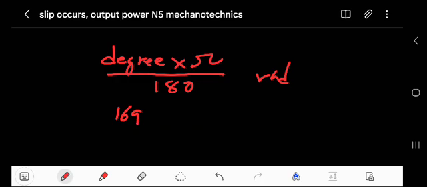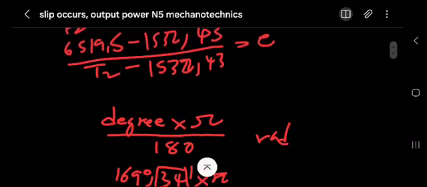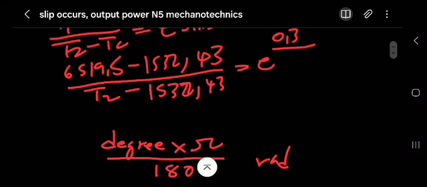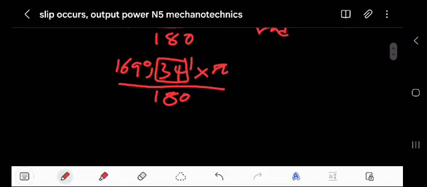We have 169 degrees, but now it has the 34 like this. If you multiply this by that, here's the problem. Here it's in minutes, but you must know that 60 minutes is equal to 1 degree. Remember, this is the same as 0.34.